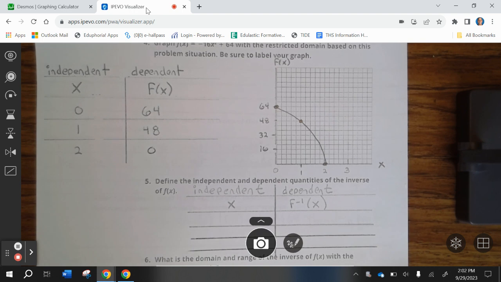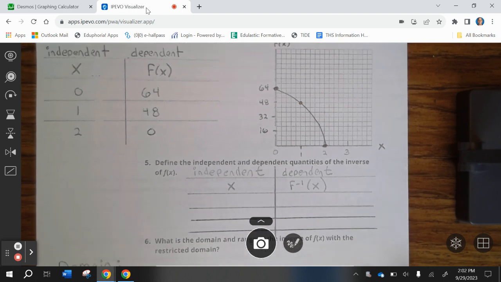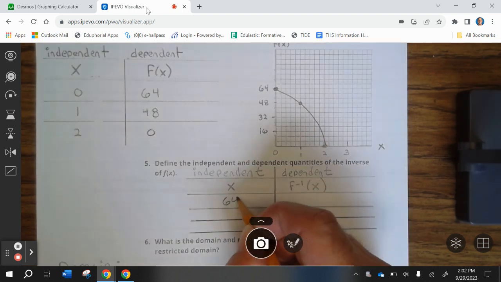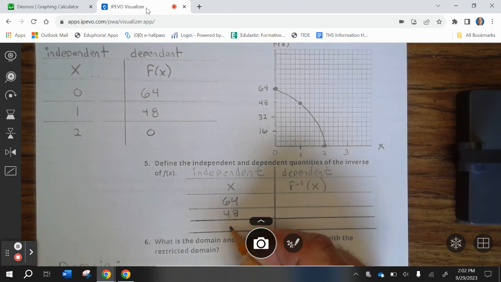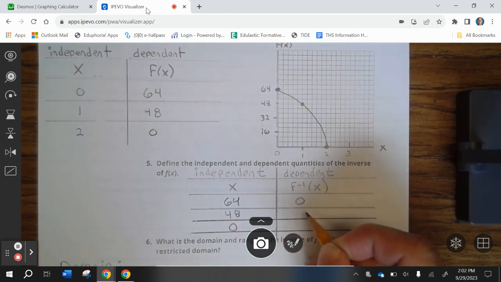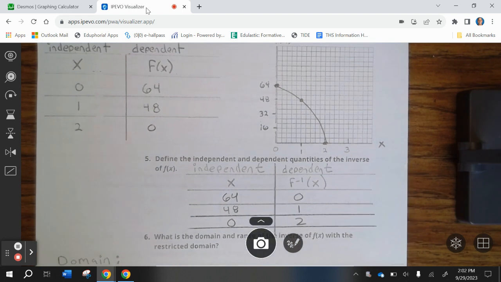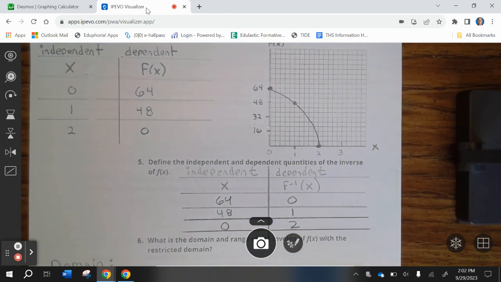Now, define the independent variable conjugate for the inverse. So all we have to do is switch. So this becomes 64, 48, 0, and this becomes 0, 1, 2. All right, go ahead and finish that part up.